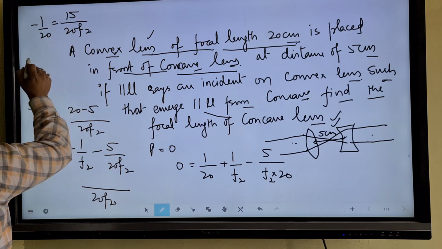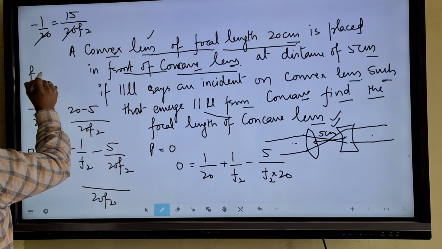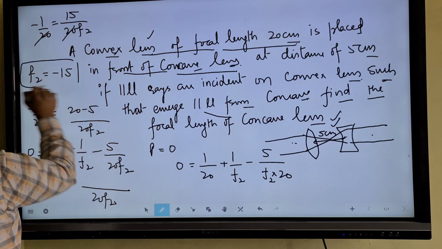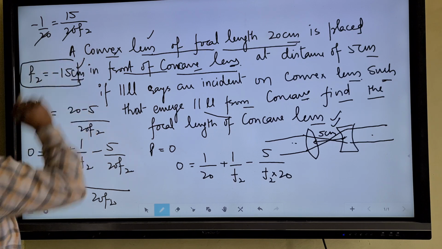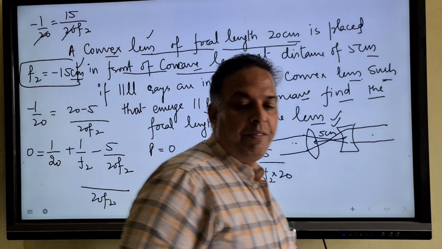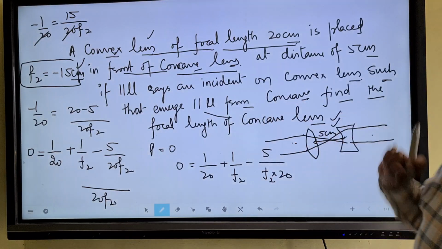So f2 becomes equal to minus 15 centimeter. So in this way we can find out the focal length.